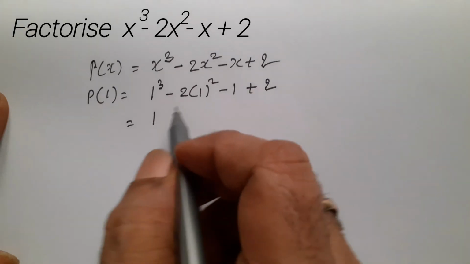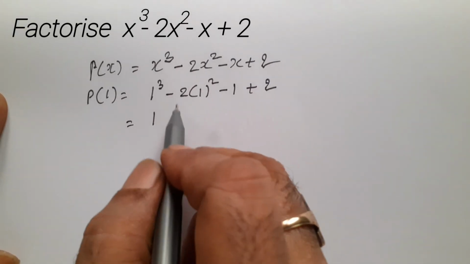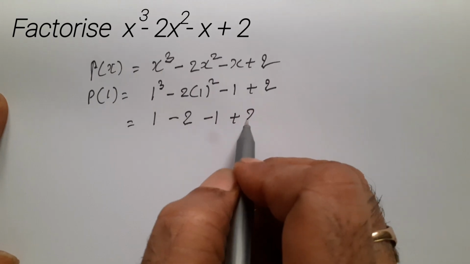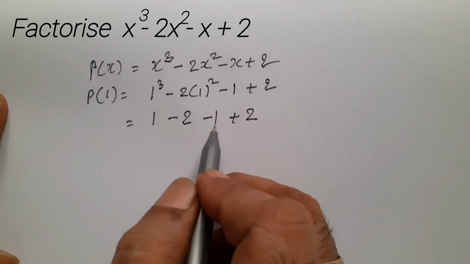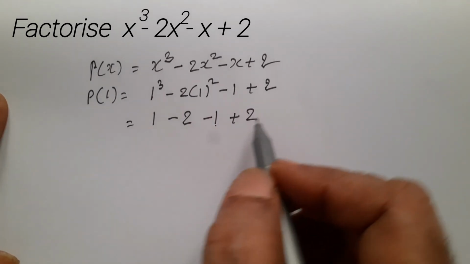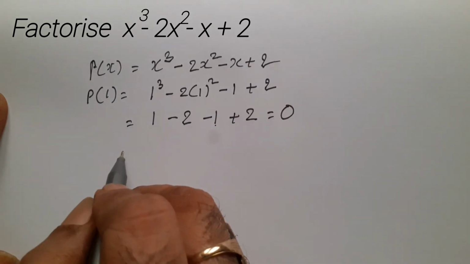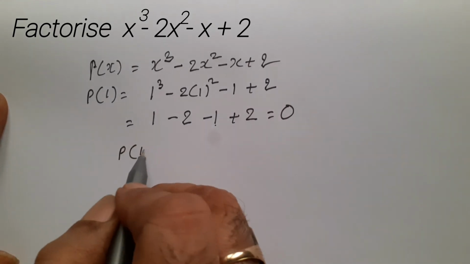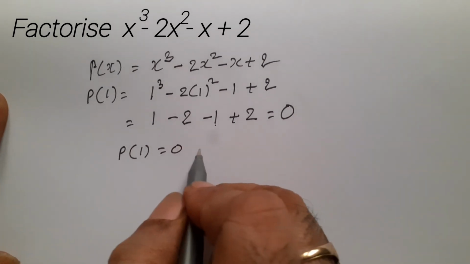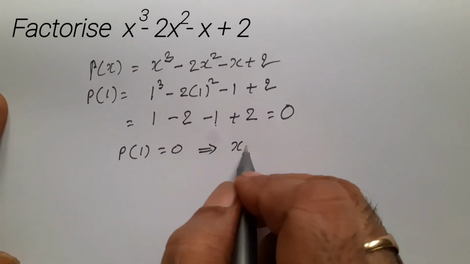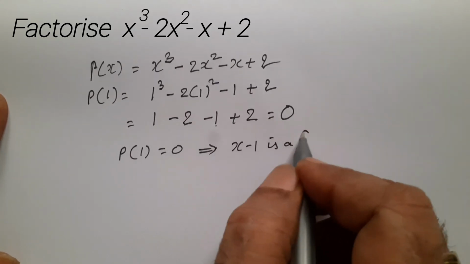So 1 cube means 1, 1 square is 1 into 2, minus 2, minus 1 plus 2. So 3 minus 3, and you get the answer 0. So here p(1) equal to 0. So as per the factor theorem, what is the factor? x minus 1 is a factor.